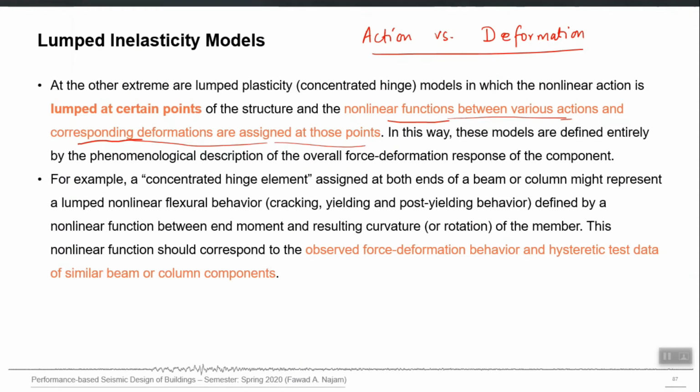So each of those actions has a deformation. Torque has a twist, axial load has an axial shortening or elongation depending upon the direction of axial load. Moment has rotation, right? Shear has shear deformation. So every action has a deformation, and in a linear elastic model by default the relationship between action and deformation is linear forever.